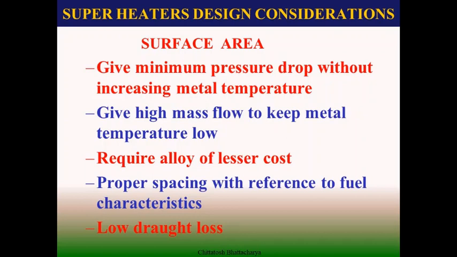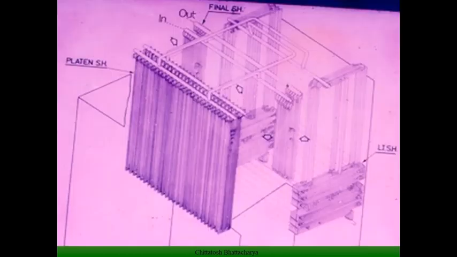Beside that, the superheaters absorb heat in such a way that as a result of heat absorption the flue gas temperature is reducing. Due to the reduction of flue gas temperature, the volumetric flow is also reduced, so velocity is also controlled by heat absorption.